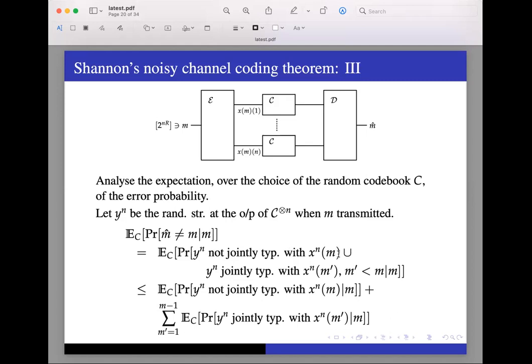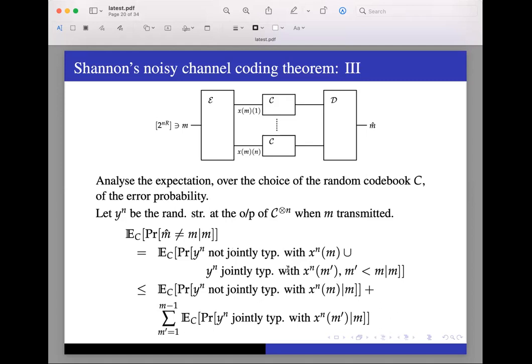Then of course there will be an error. Or yn is jointly typical with some earlier code word, so m hat is less than m. By bad luck, yn is jointly typical with respect to some earlier code word. Even if this happens, this is an error. So the overall error event is equal to this event.